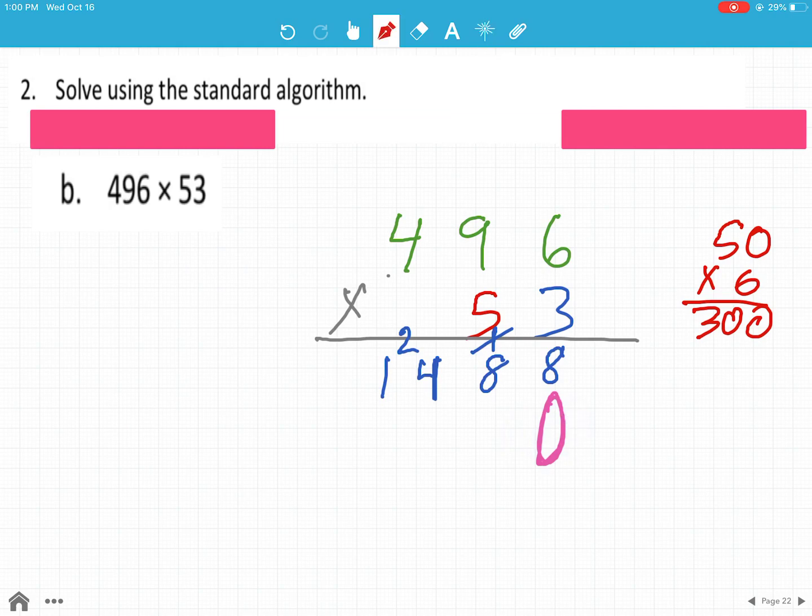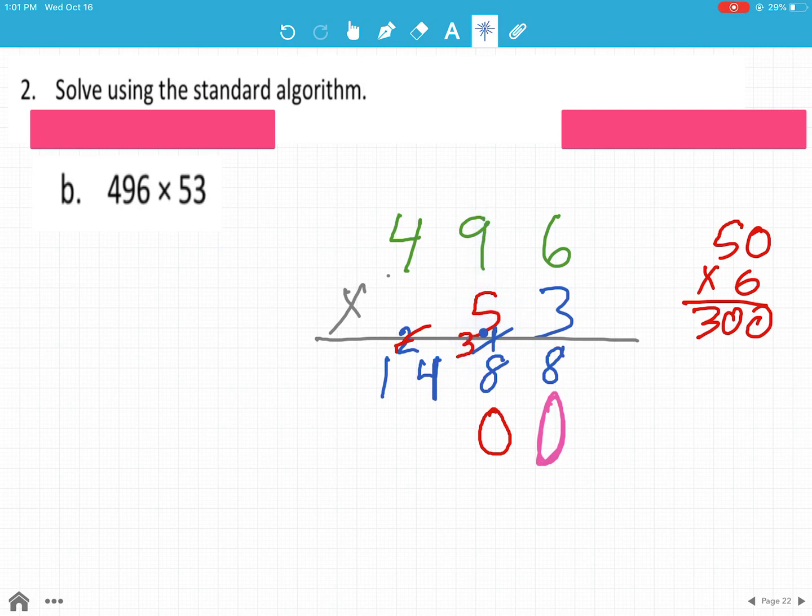Okay, now 5 times 6 is 30. We're going to put another 0 here, and we're going to put a 3 here, because now we're going to multiply 5 times 9 and then add the 3. And that's going to give us hundreds, because it's actually 90 times 50 plus 3.